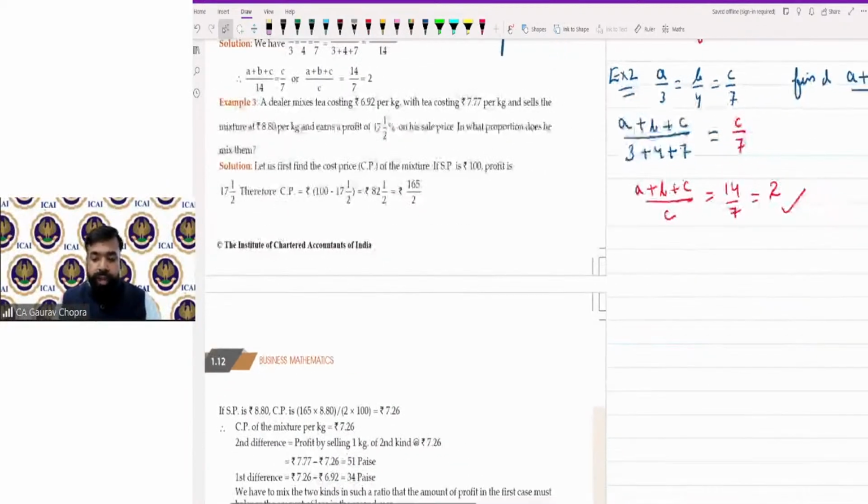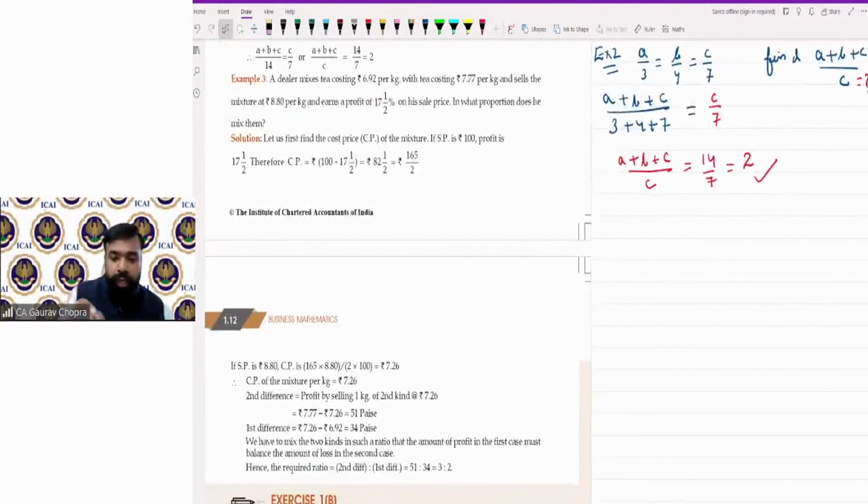So let us write the question in our format. What is the dealer mixing? The dealer is mixing tea. So the varieties of tea are two.